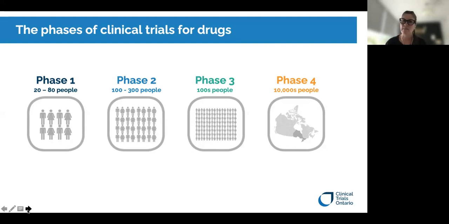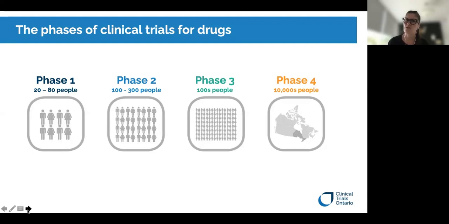So there's some good examples of that happening where after something has been approved, maybe the labeling has been changed, so the dosing changes, or it's not as widely available because of some of the things that have happened when the intervention has gone on into a really large population of people. And phase 4 studies also help us really look at the very long-term effects of treatments on people as well.